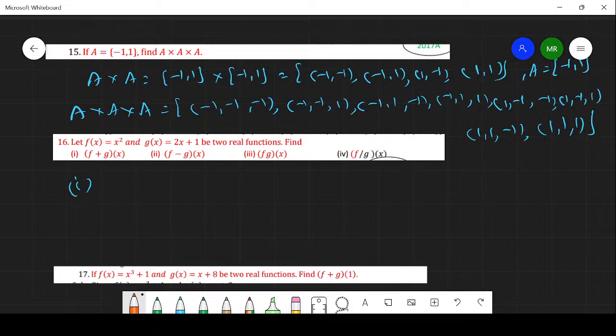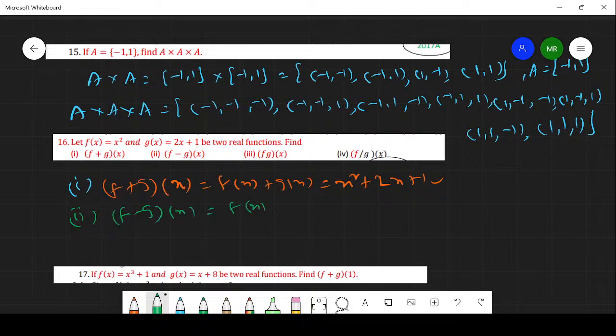When they are asking (f plus g)(x), I can write f(x) plus g(x). What is f(x)? x squared, plus g(x), 2x plus 1. That's all, I can complete this. Now the second one, (f minus g)(x).